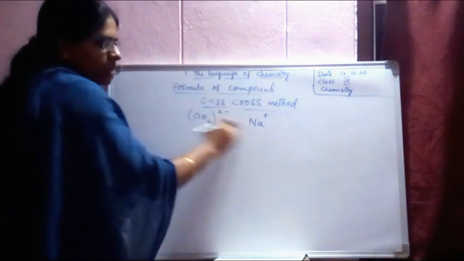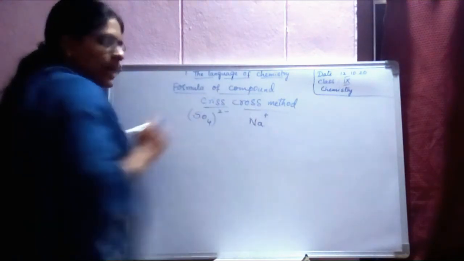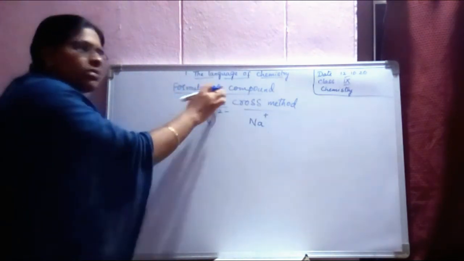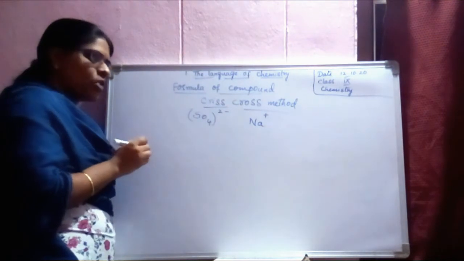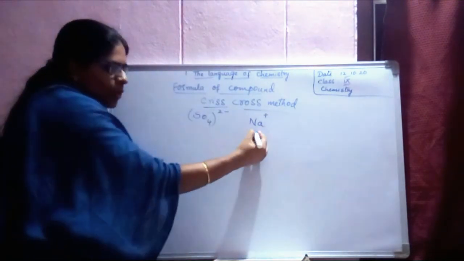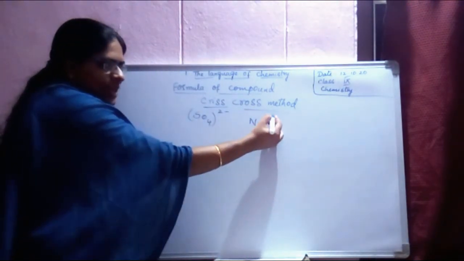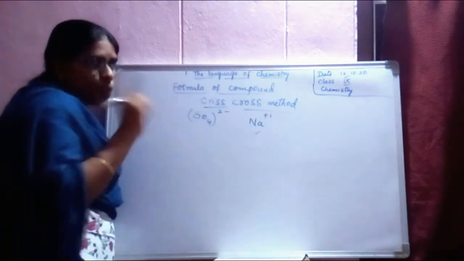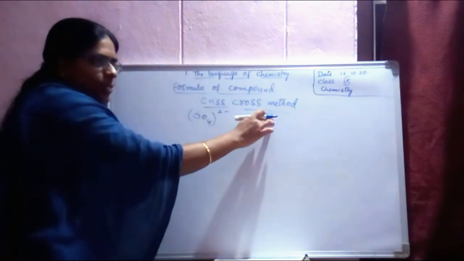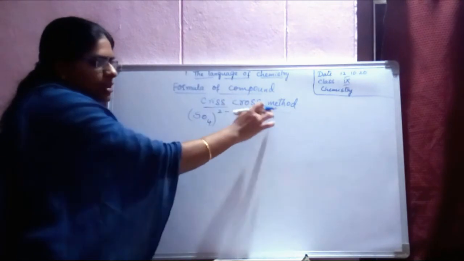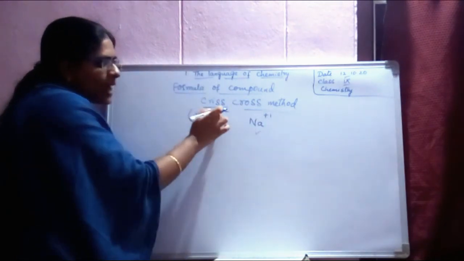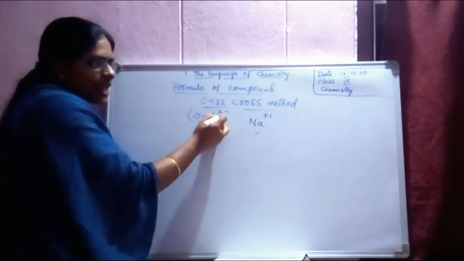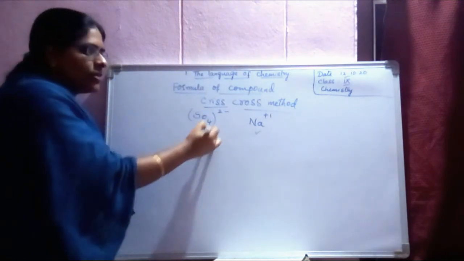Sulfate ion, sodium ion. In order to write the formula of the compound, you need a positive and a negative ion. Here plus is there. Plus indicates the charge is 1. Here you may write it or may not. 2 minus indicates the charge is negative.